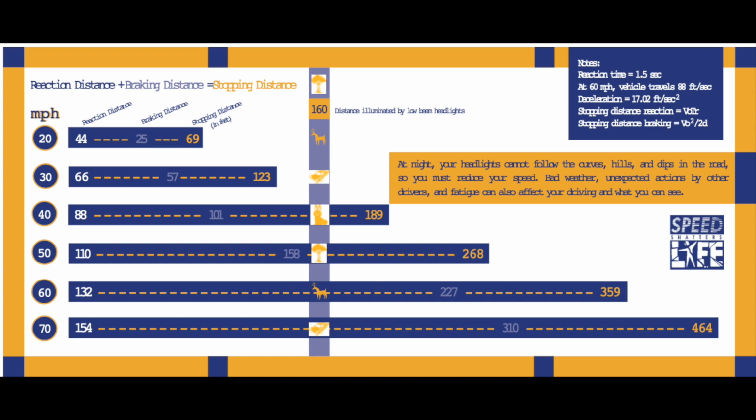Your braking distance is going to be 101 feet. And your total stopping distance is going to be 189. So according to this, if you're traveling 40 miles an hour and you have low beams on, you will not have time to stop and not hit this in your way without evasive maneuvering.